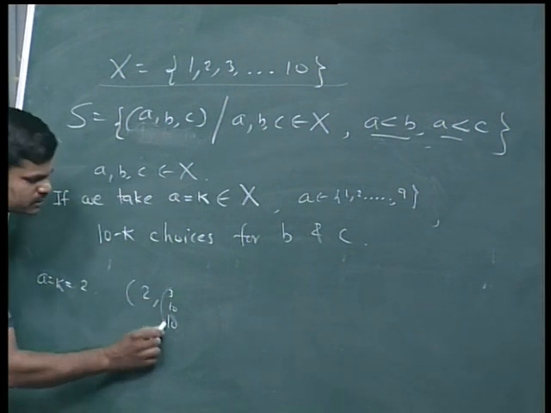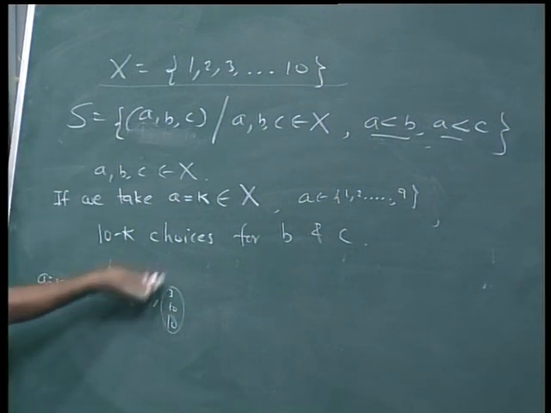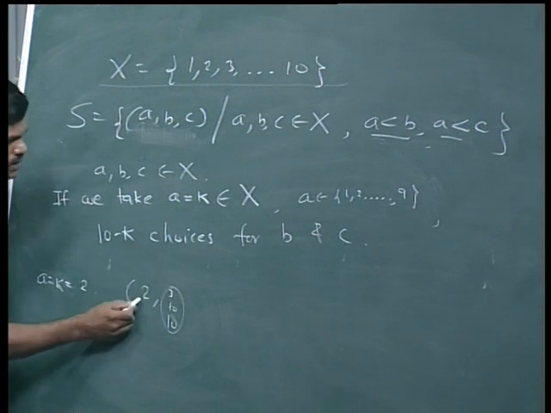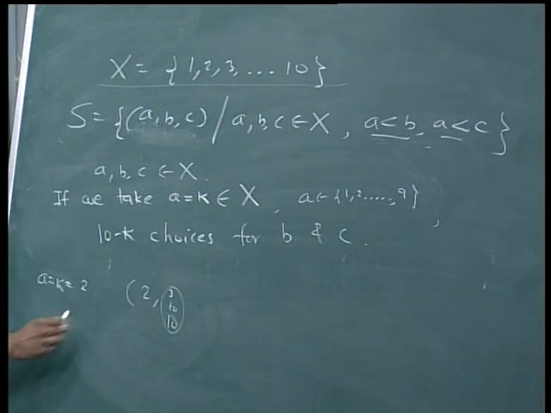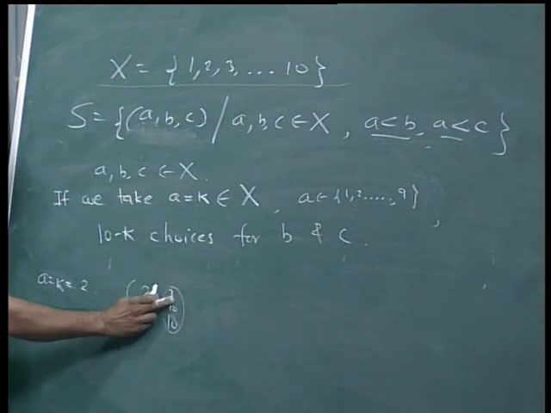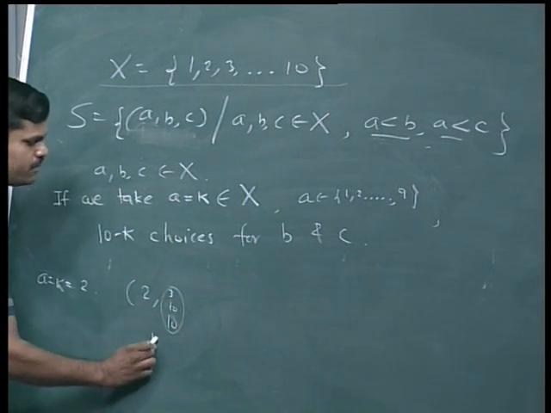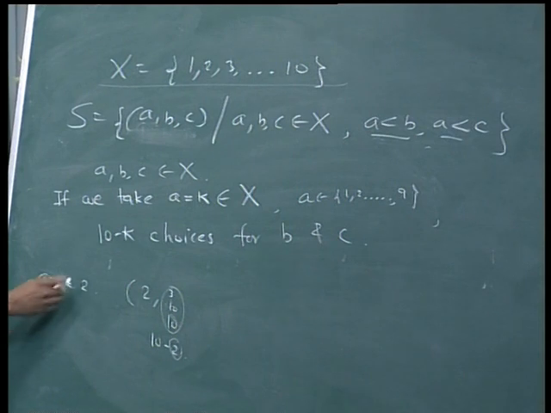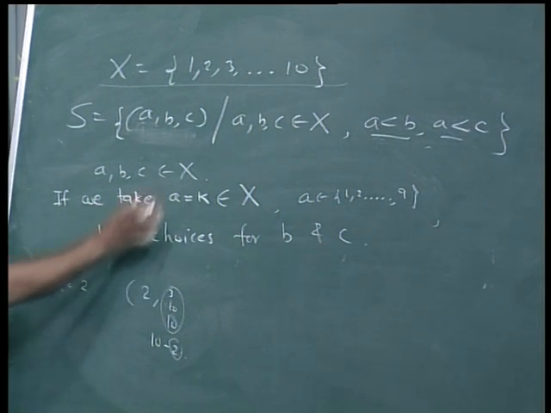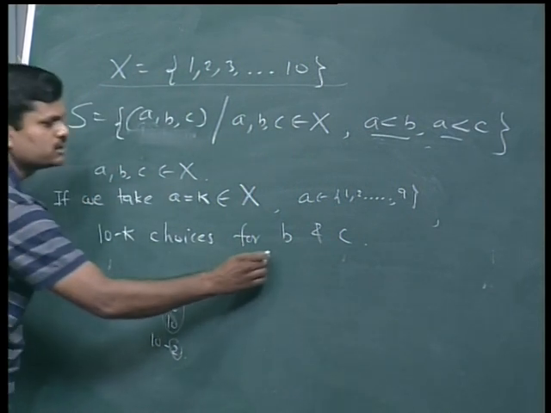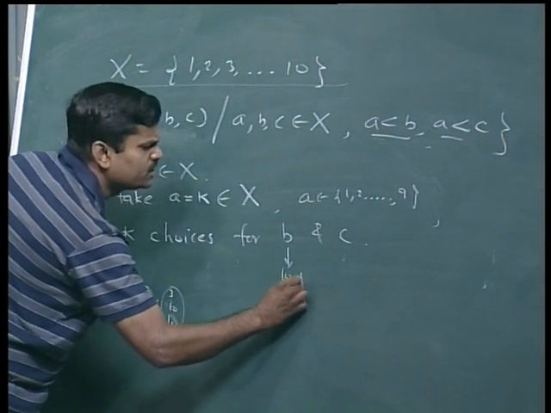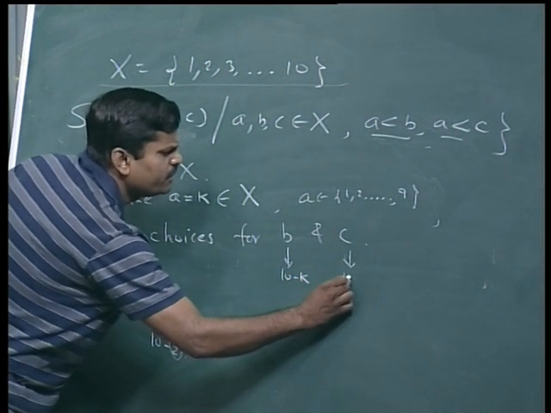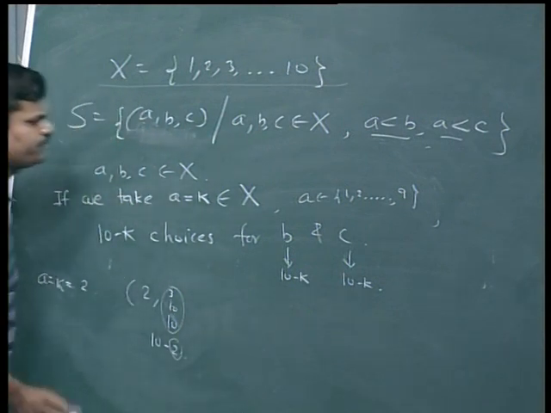So how many possibilities are there? From all 10 elements we subtract 1 and 2. So 10 minus 2, and this 2 is K. Whatever K you are selecting, you subtract that from the total number of elements, and that gives the possibilities for B and C. So there are 10 minus K possibilities for B and 10 minus K possibilities for C.